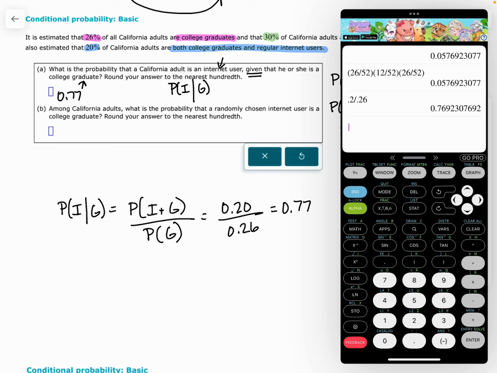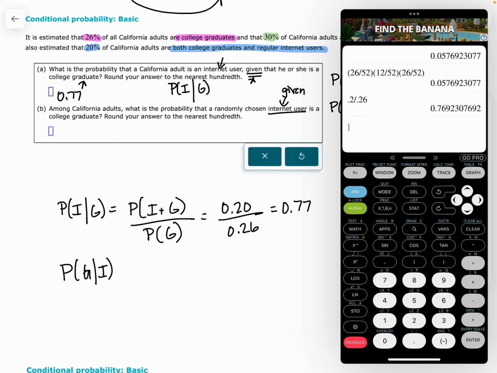Okay. Now, among California adults, what is the probability that a randomly chosen internet user is a college graduate? Now, this time they didn't use the word given, but they told you they were an internet user, so that is your given. So what's the probability that they are a graduate given that they are an internet user?